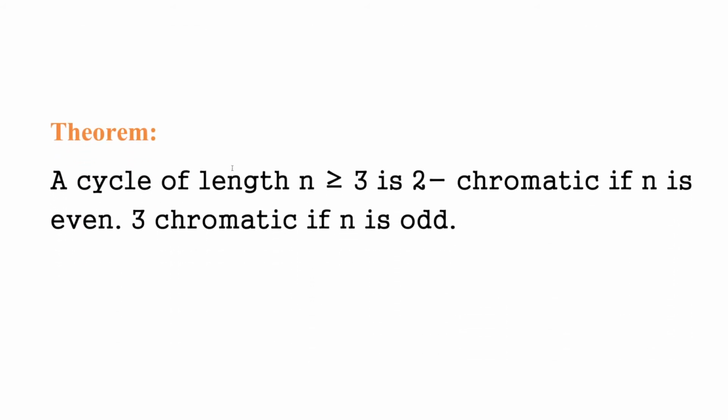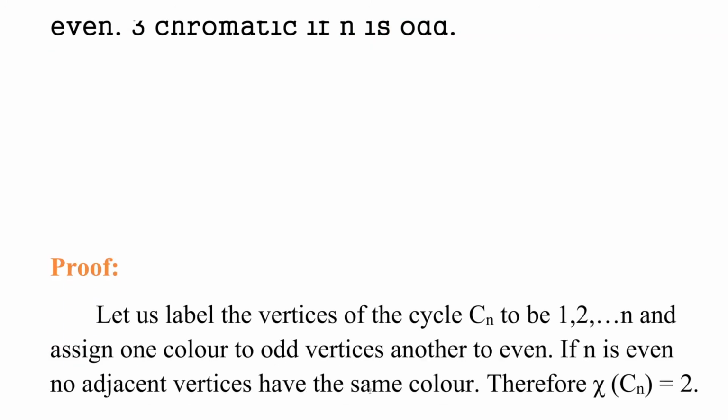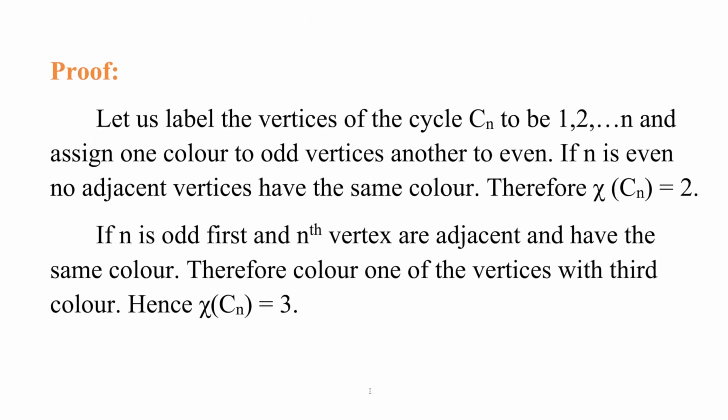The other theorem goes like this. A cycle of length n greater than or equal to 3 is 2 chromatic if n is even, and that is equal to 3 if n is odd. Proof. We will label the vertices of the cycle Cn as 1, 2, etc., n and assign one color to odd vertices, another to even.